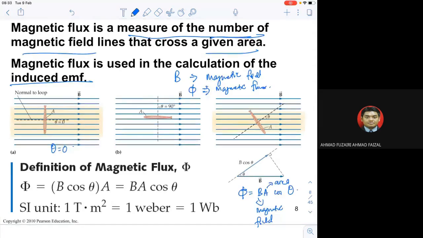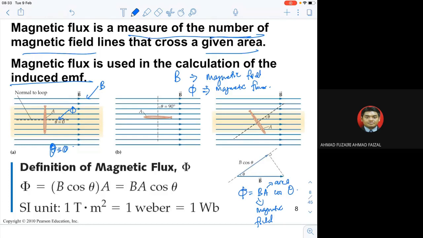Why? Because the dotted line here is considered to be the magnetic flux, and the blue line here is the magnetic field. This is B and this is phi. So cos theta in the equation of magnetic flux uses the angle between flux and the magnetic field. In this case, when flux and the magnetic field are parallel, therefore theta will be 0.